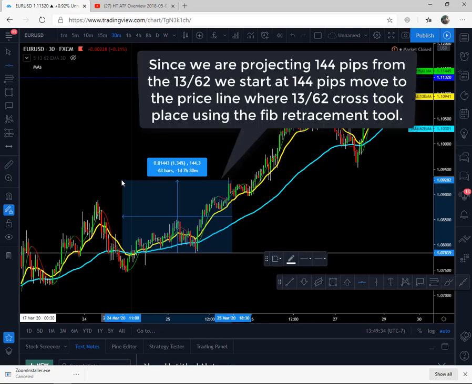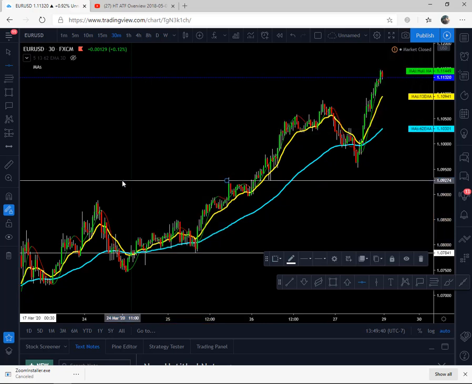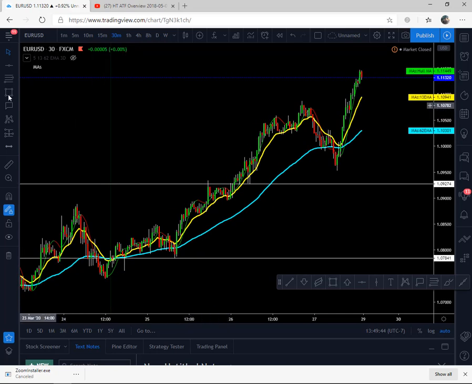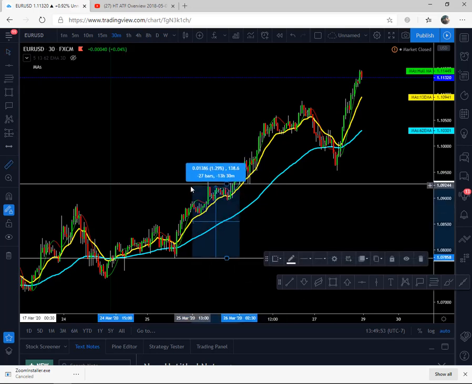And I put a horizontal line just above the 144 pip mark. You could double check if you want, but this is not necessary.